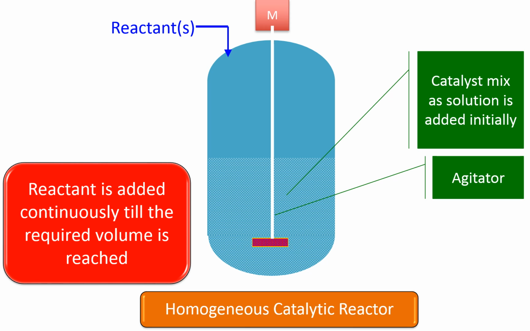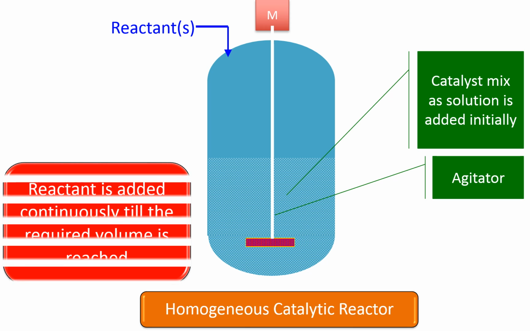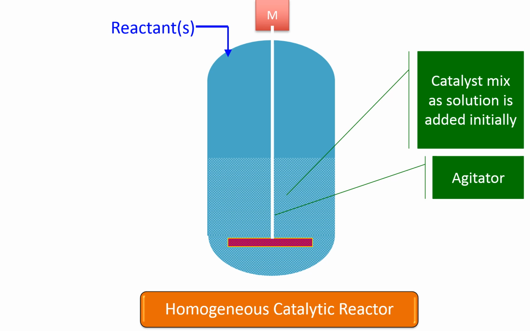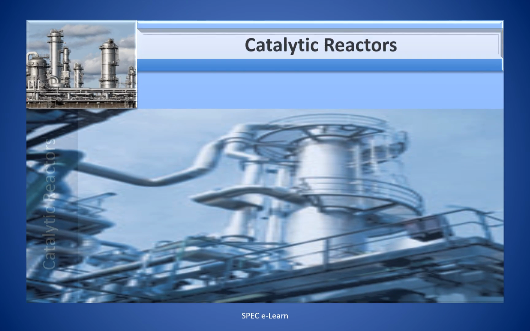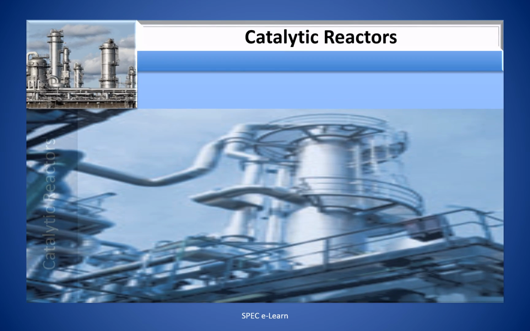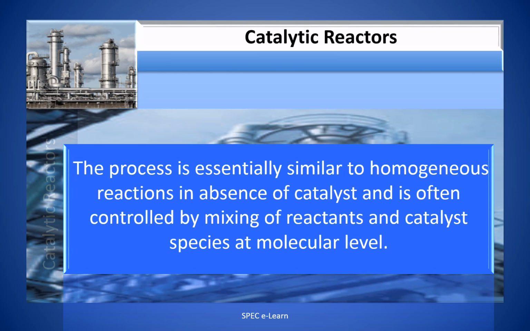The reactor is jacketed for heating if needed. The process is essentially similar to homogeneous reactions in the absence of catalyst and is often controlled by mixing of the reactants and catalyst species at molecular level.